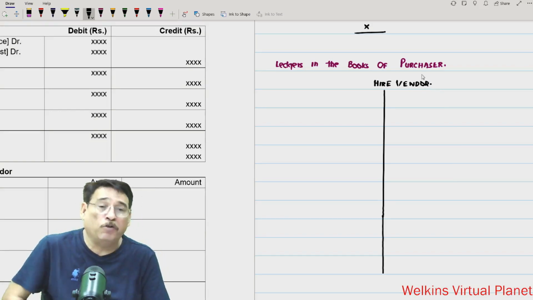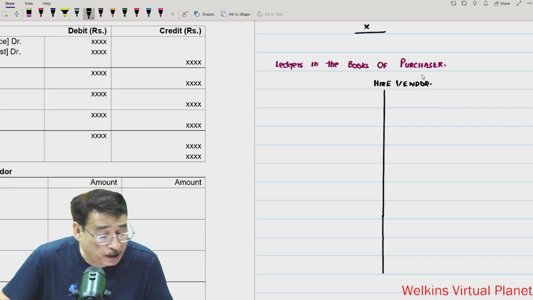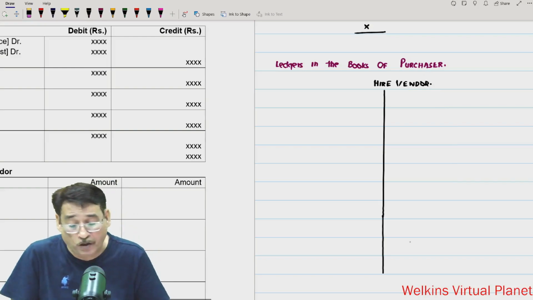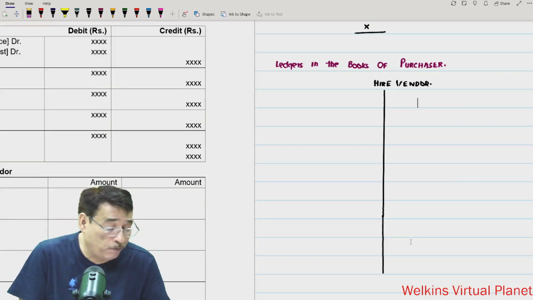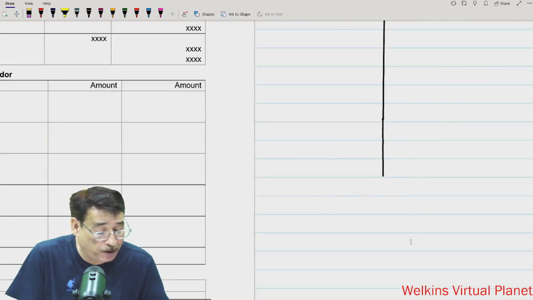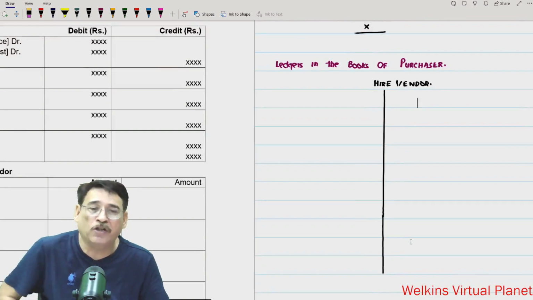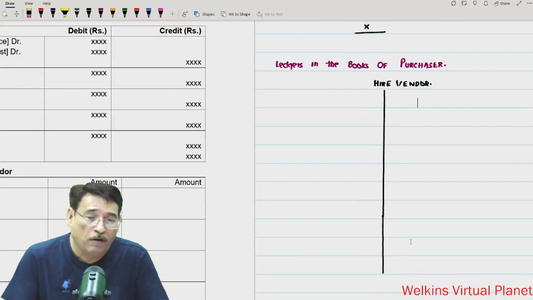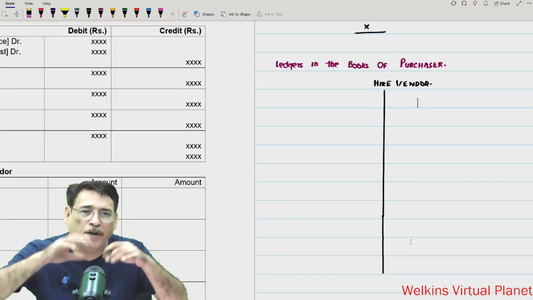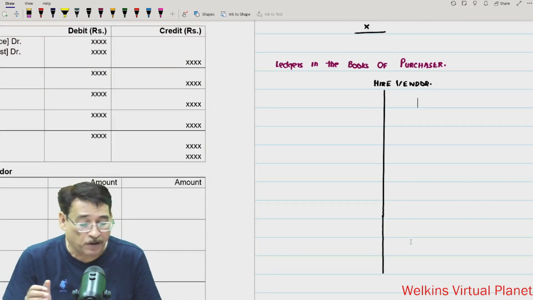How he is going to actually prepare this particular account, the point important is that, correct? So for the same, you need to know a bit of what we call accounting entries, which I will make you understand later on. This is just for the sake of the fact that I just want to give you an overview of this particular chapter.